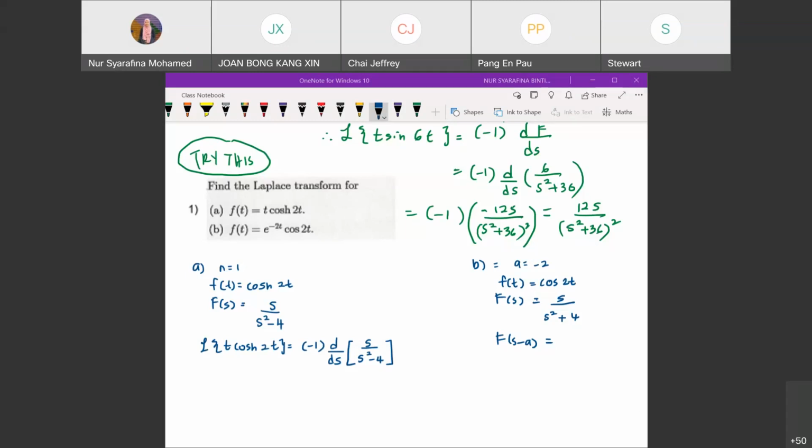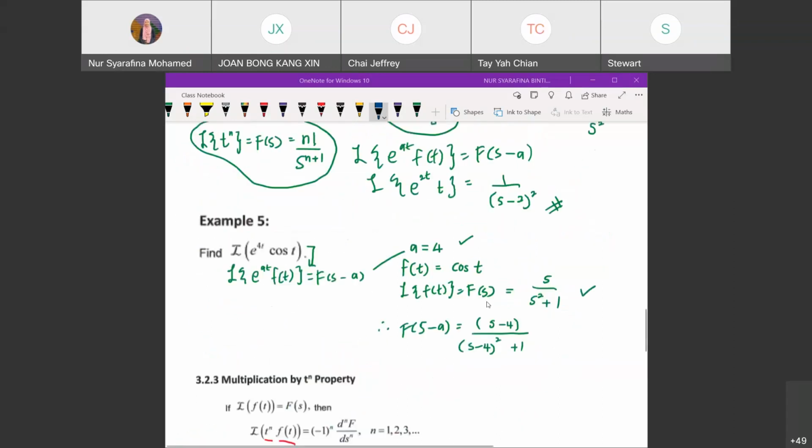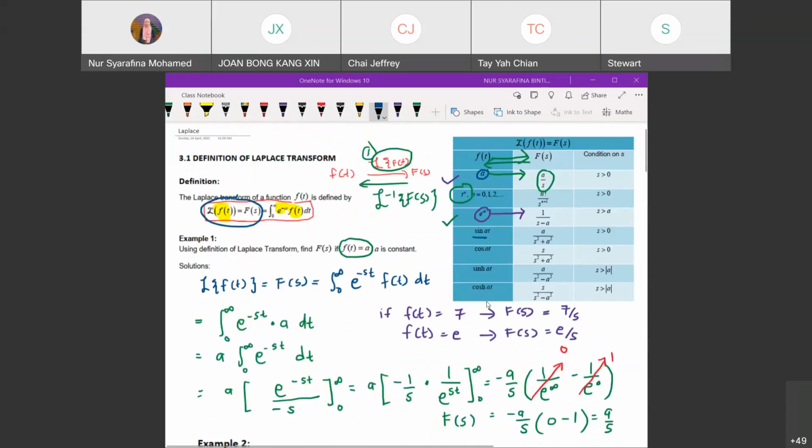Right. So now what we have done just now is how to transform, basically by using the definition and by using the table of transformation. So you know how to apply the definition and you can know where this table of transformation comes from. Basically all of this comes from the definition. If you want to prove this one by one, you will obtain the same result in your F(s) by definition.